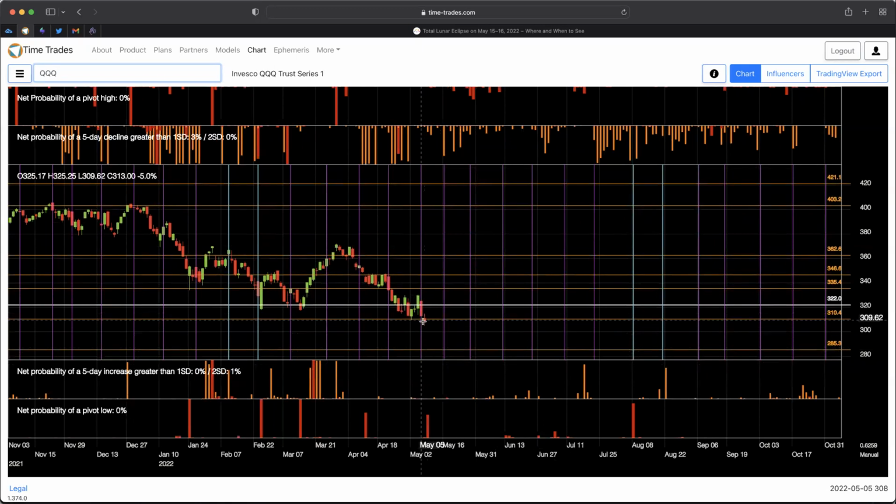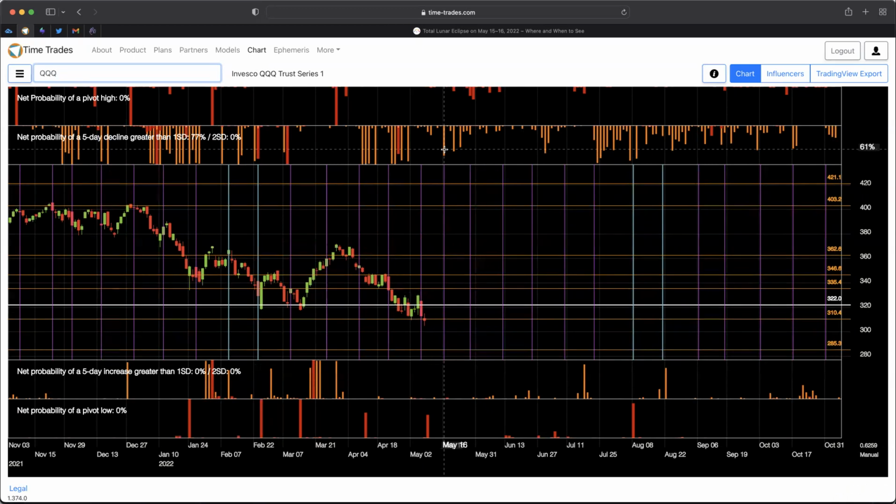So I think we may stop either halfway between 310 and 285 or just flush all the way down there Monday in a mini panic. So that's the forecast for this coming Monday, and then the following Monday, May 16th.